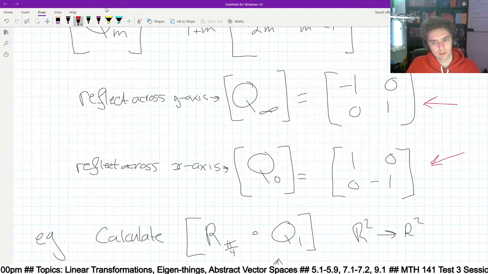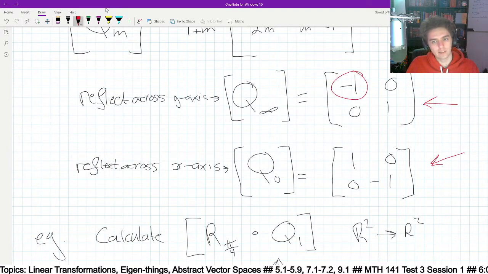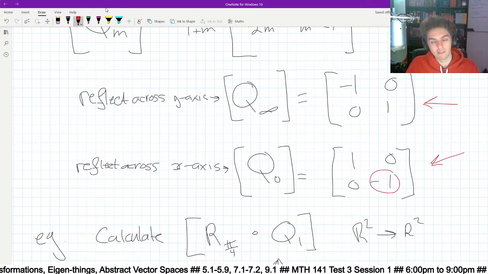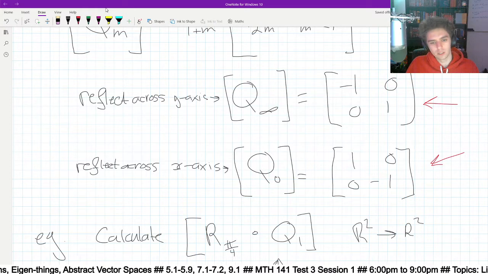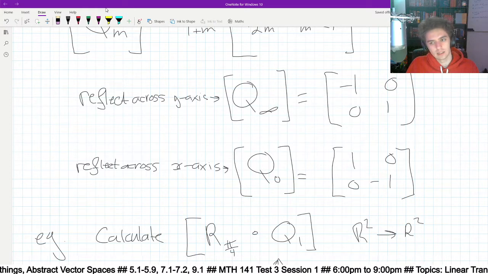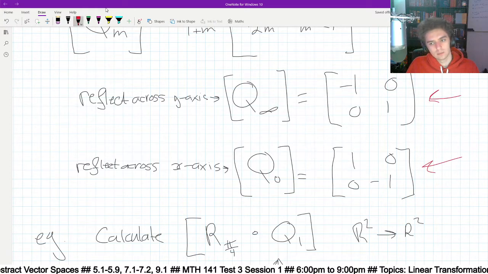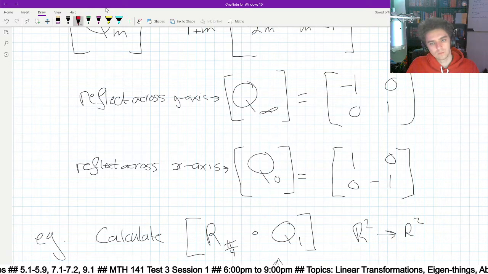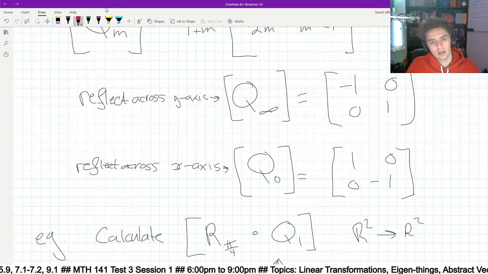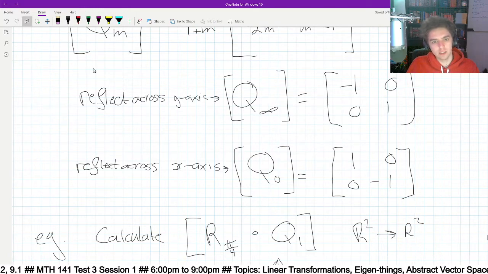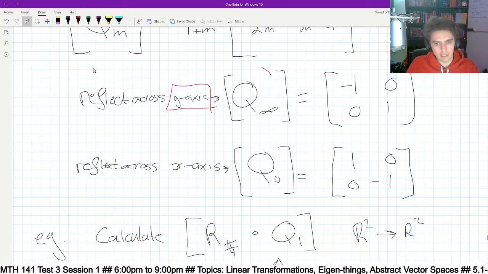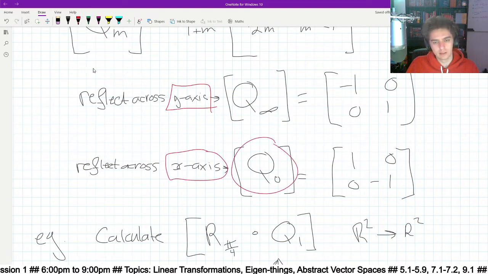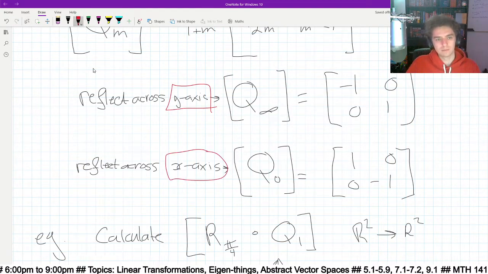The only extra part is that you can have a different Q subscript. But if it tells you across the y-axis, it's Q infinity, and across the x-axis, it's Q0.